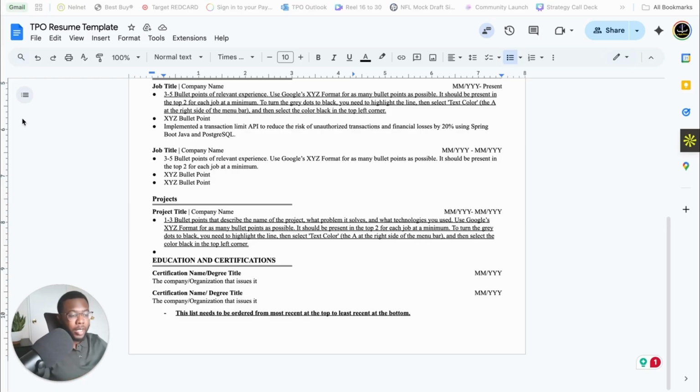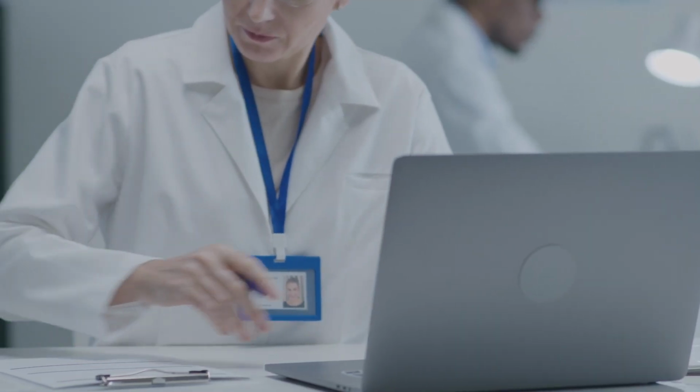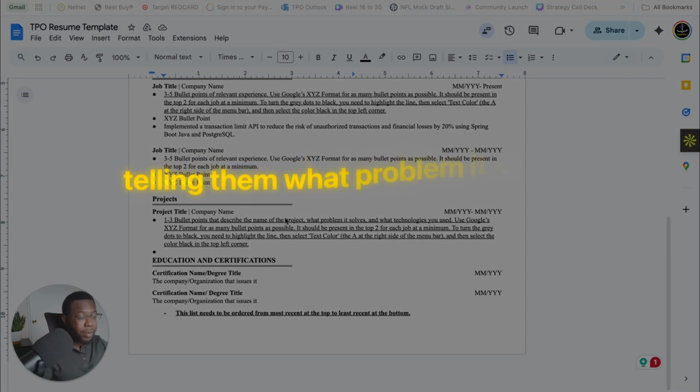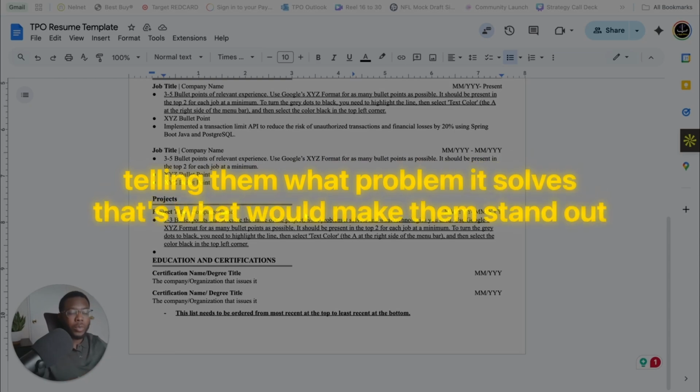So let's use an example here. Let's say that you are applying to be a software engineer in the medical field. You'll be working with a lot of medical admins behind the scene. If your project helps solve a problem that these medical admins face on a day-to-day basis, that will stand out to them. So this might be one of the reasons why you want to highlight this project. If all you have is the project name, it won't stand out. Telling them what problem it solves, that's what will make you stand out.